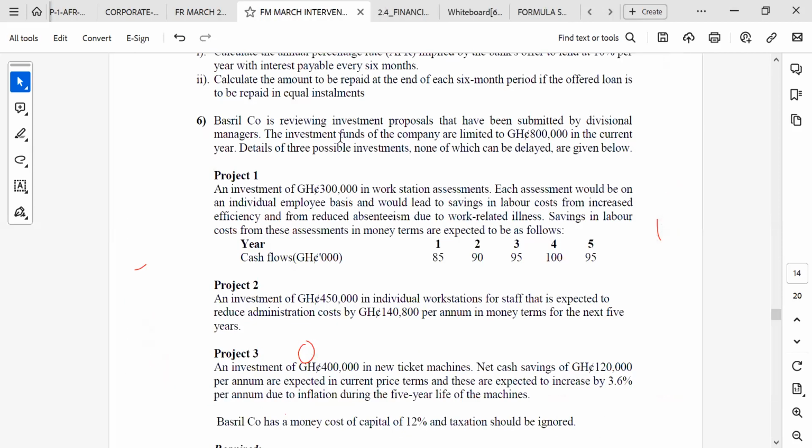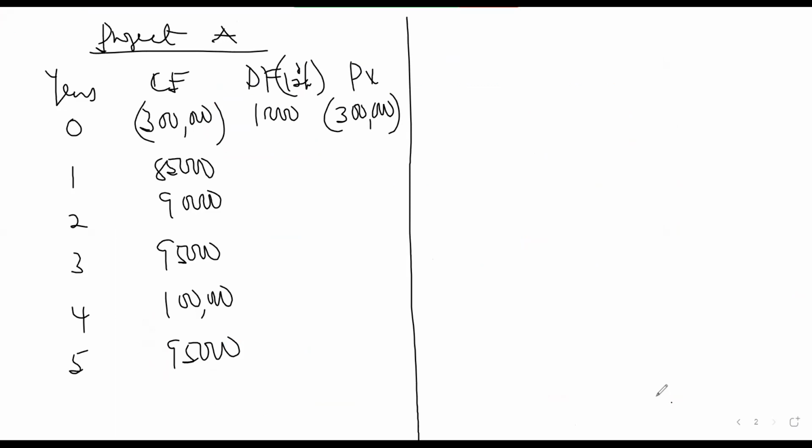All right. So for now you can use your calculator to get the discount factors for me. The first year is what? 0.893. Is that correct?